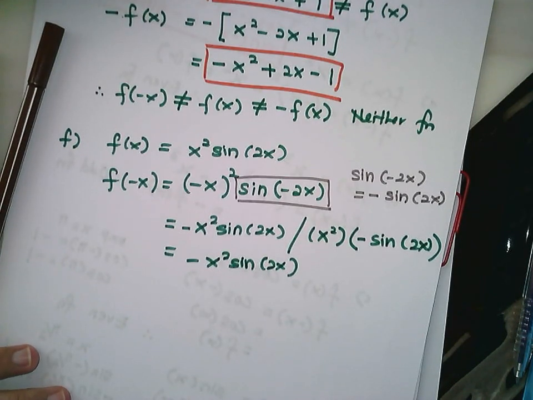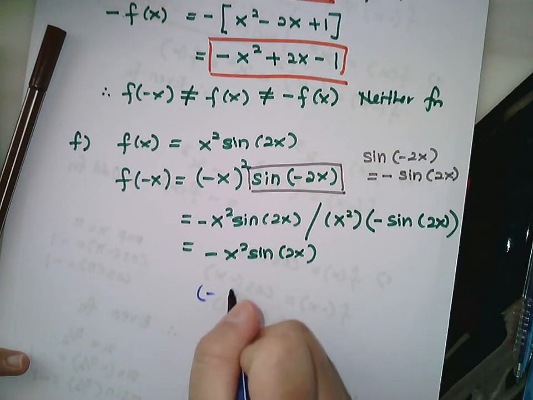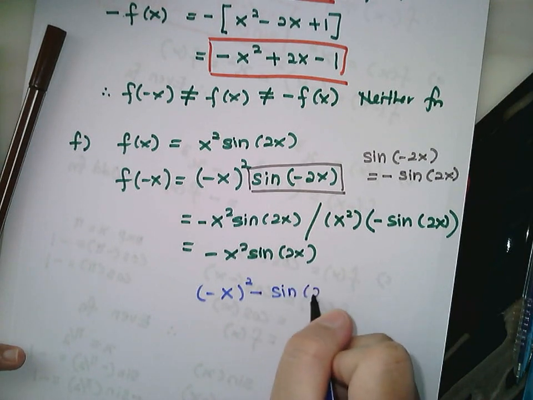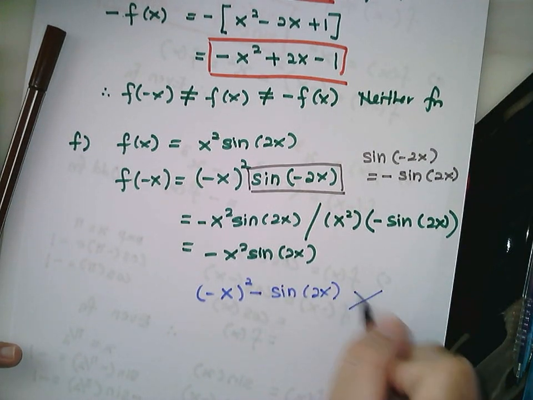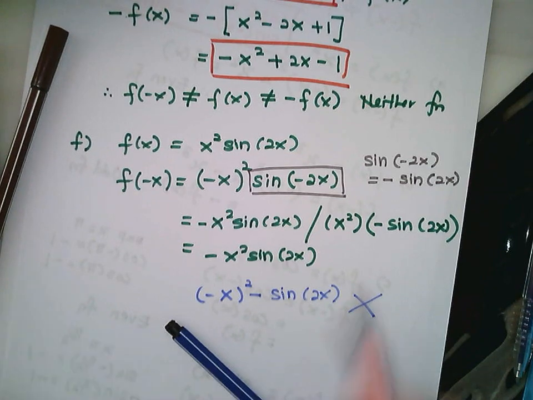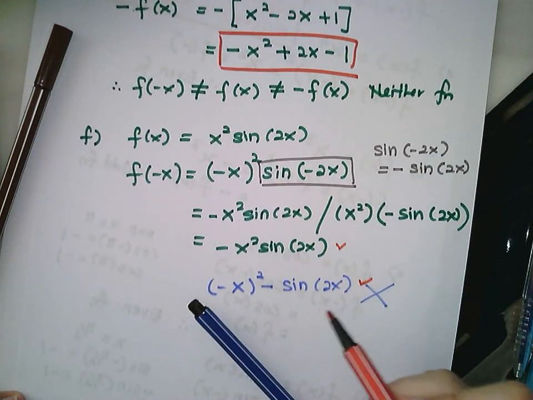Okay, you cannot write in this form, this is wrong. Let's say you write this one, negative x squared minus sine 2x. This is wrong. Okay, because this one and this one have a different meaning.